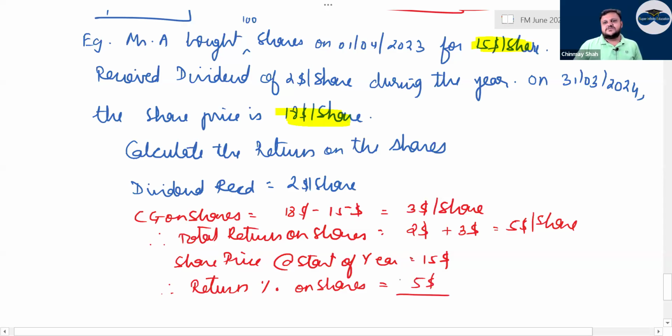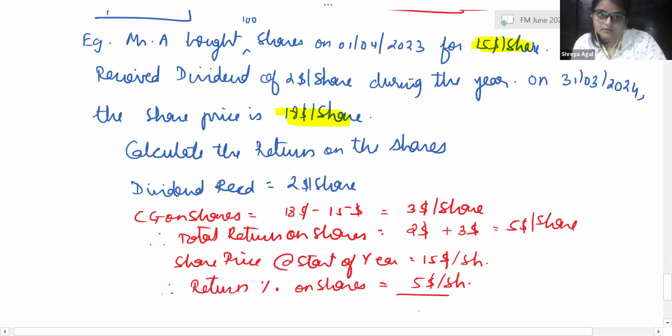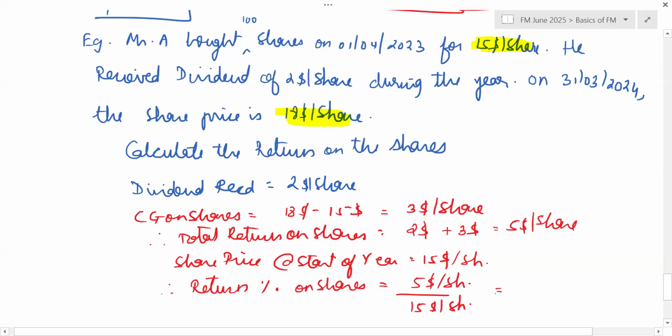And how much did you invest per share? $15 per share. Explain once more.